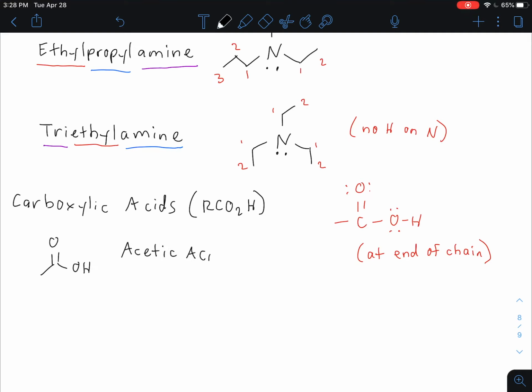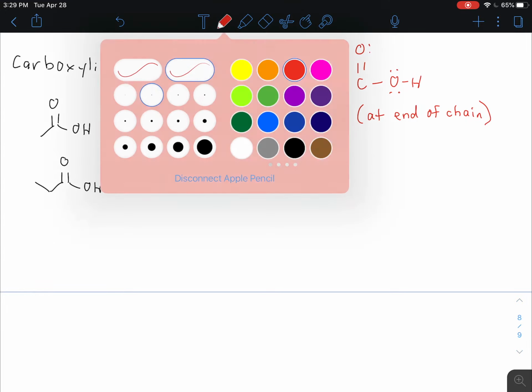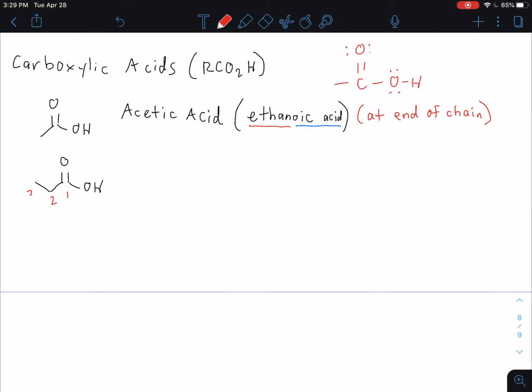So then we could just indicate what we're looking at based on carbon chain length. So for example, this molecule with 3 carbons, 1, 2, 3, would be called propanoic acid.